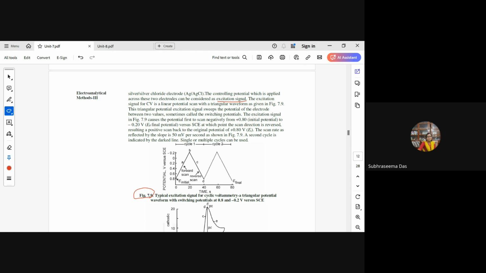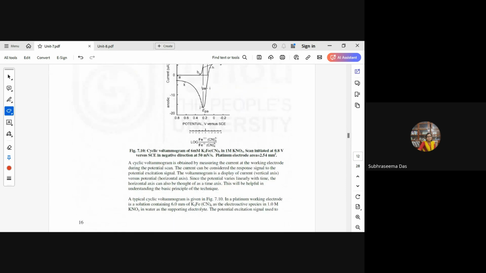This represents the first cycle and this is the second cycle. The cyclic voltammogram is obtained by measuring the current at the working electrode during the scanning process. The current can be considered the response signal to the potential excitation signal. The voltammogram displays current on the vertical axis versus potential on the horizontal axis.